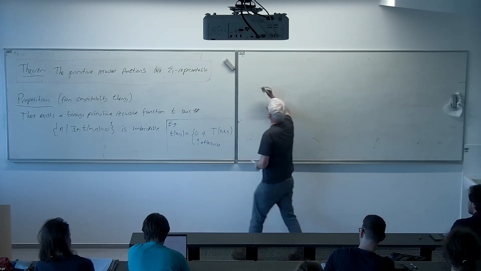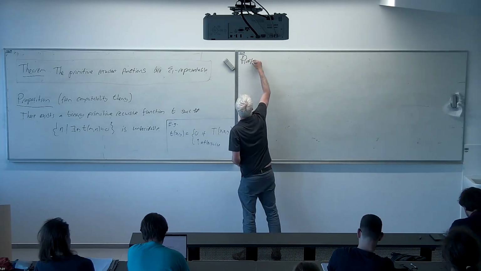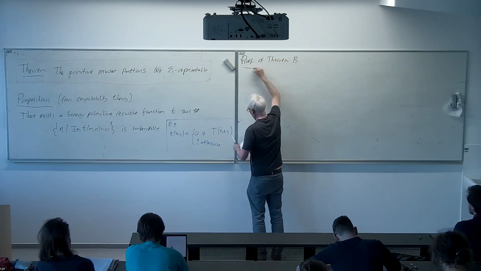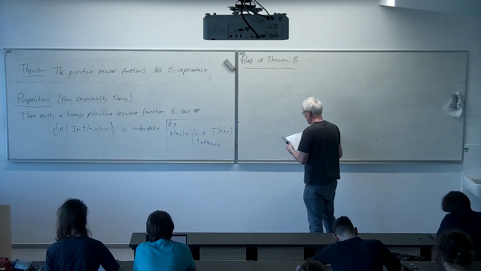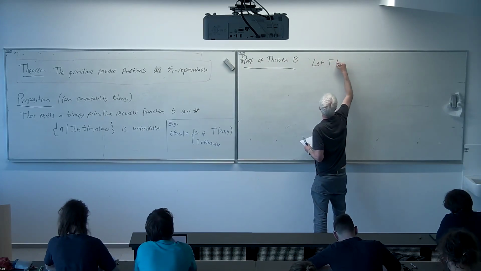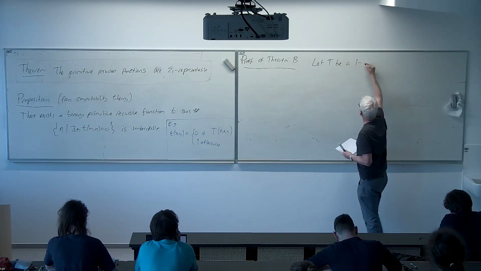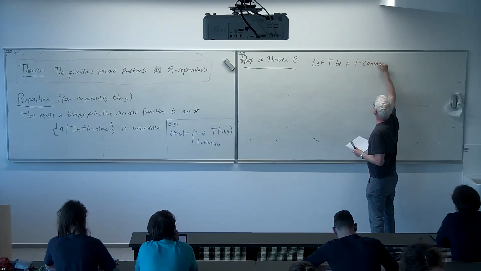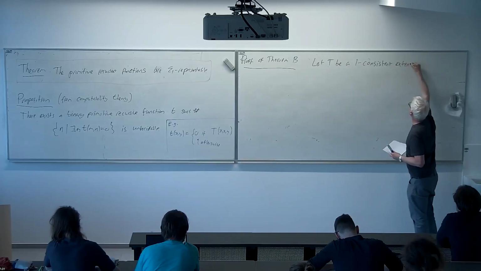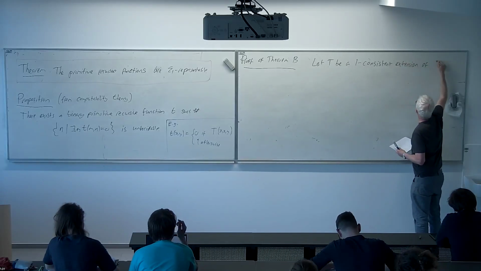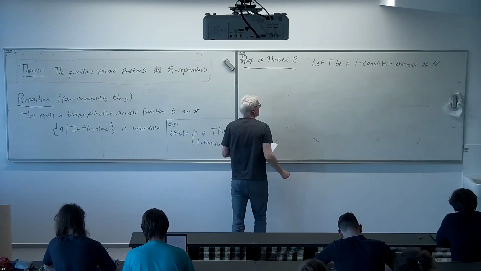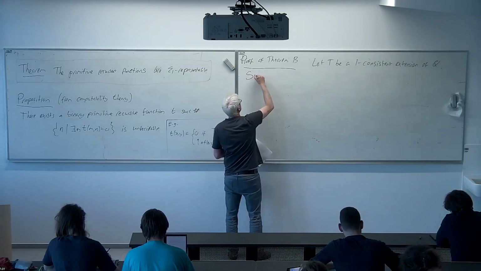So the proof of theorem B. Let T be a one-consistent extension of Q, and we need to prove that it's undecidable. So we'll suppose for contradiction that it's decidable.